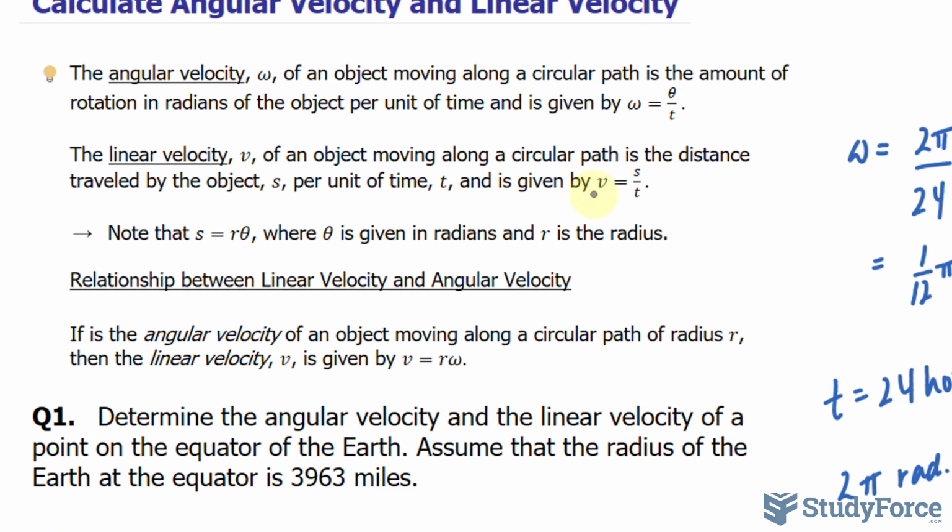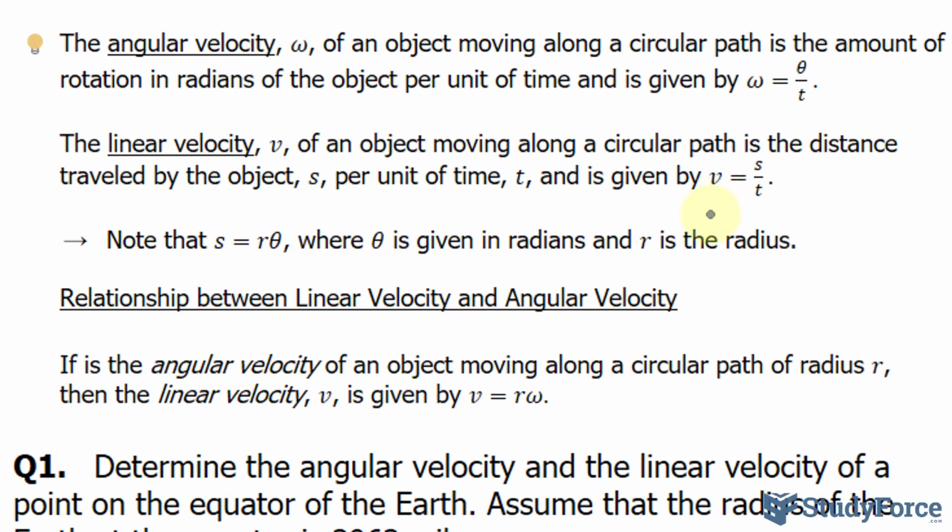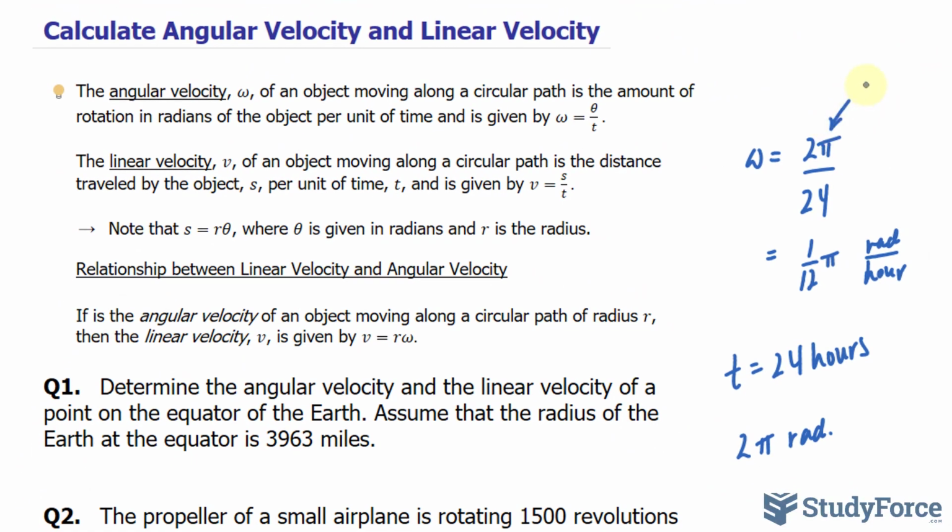The linear velocity is given by this formula, and we need the value of s, which is given by r times theta. We already know what theta is. We determined that to be 2 pi. So we'll multiply 2 pi with the radius, which is given by the question as 3,963.